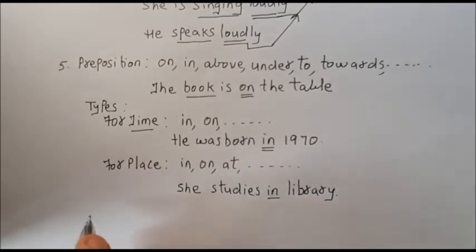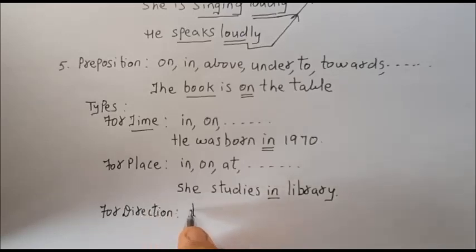Then there are some prepositions which could be used to show the direction also, like towards, to, through, etc. So that is for direction, like to, towards. You can use such words. They are the prepositions for direction.